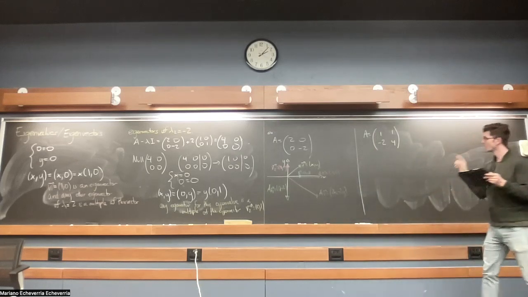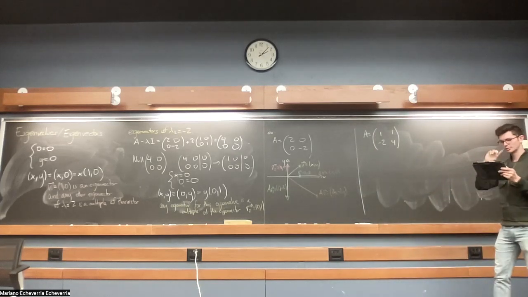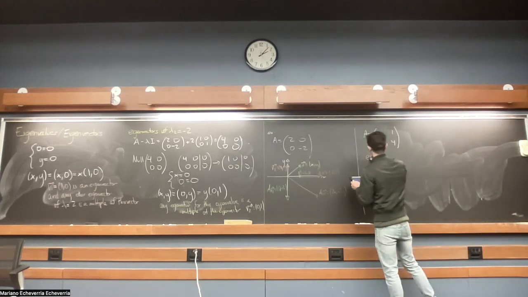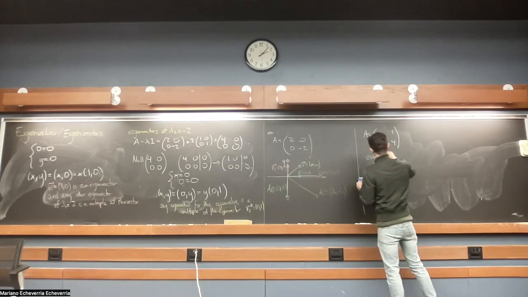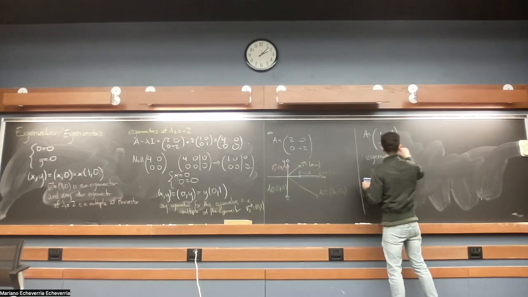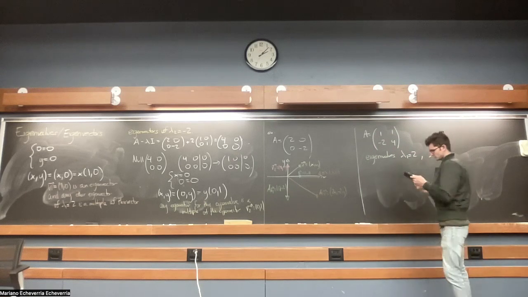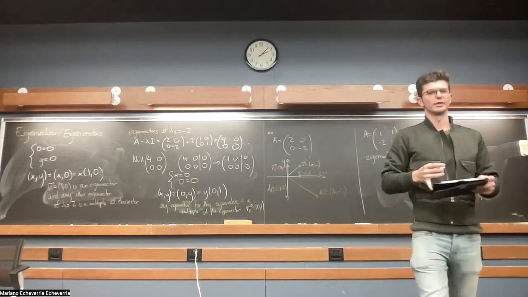Okay, so last time, this was the example I also did on Monday. We found that the eigenvalues were lambda1 equals 2 and lambda2 equals 3. So those were the two eigenvalues.